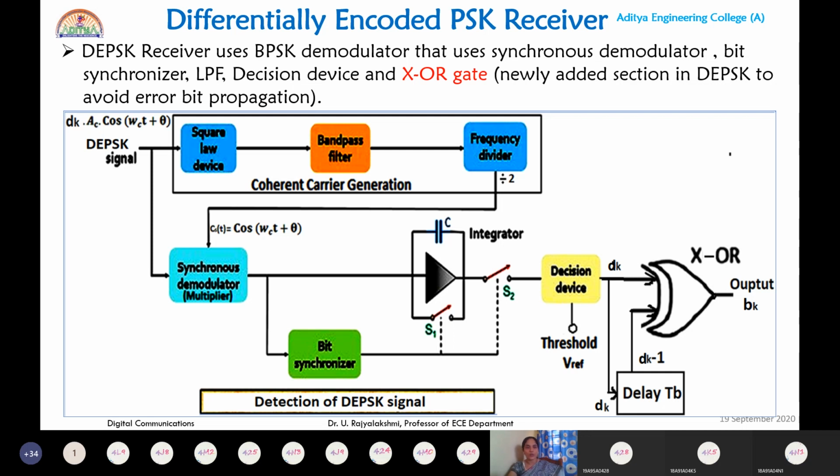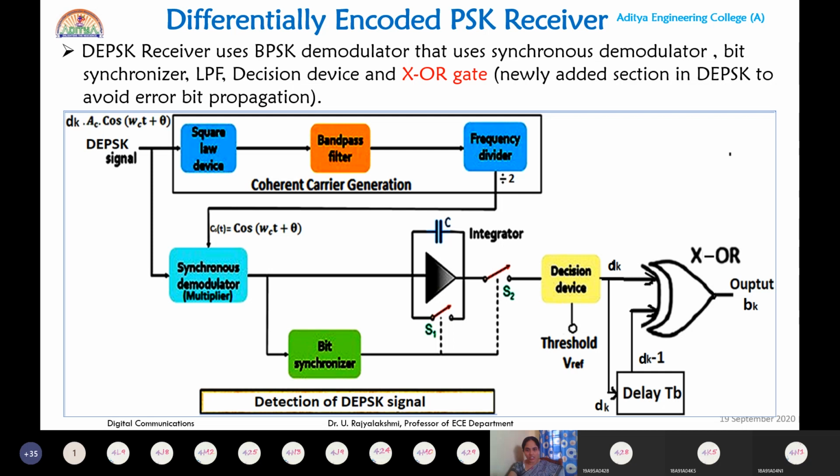So dk into Ac cos omega ct. But what is theta? Already we assumed the same in the BPSK receiver. Theta is the phase variation that occurs due to the noise present in the channel.